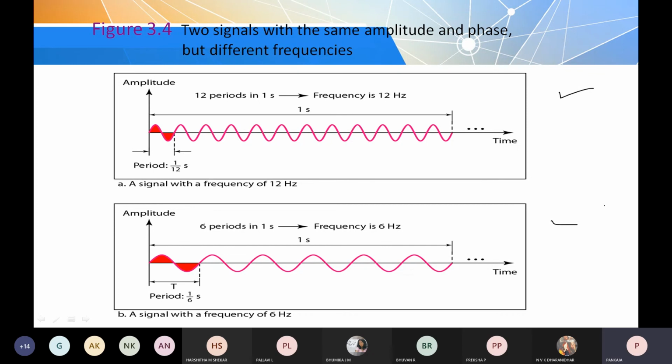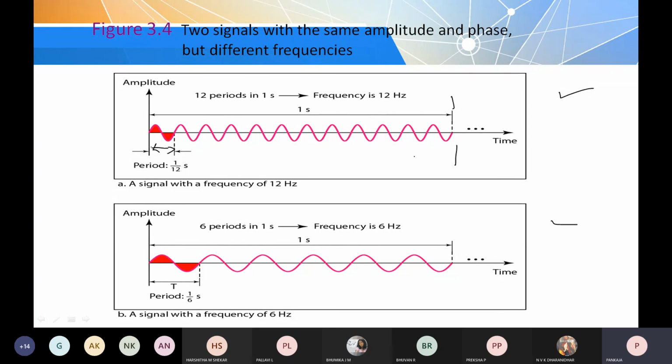How much frequency does the first diagram have? Observe here, they have given it neatly in the diagram. This duration where it covers one cycle is called the period. Like this cycle, how many cycles does it cover in 1 second? This is my 1 second duration. Like this pattern, how many occurred?